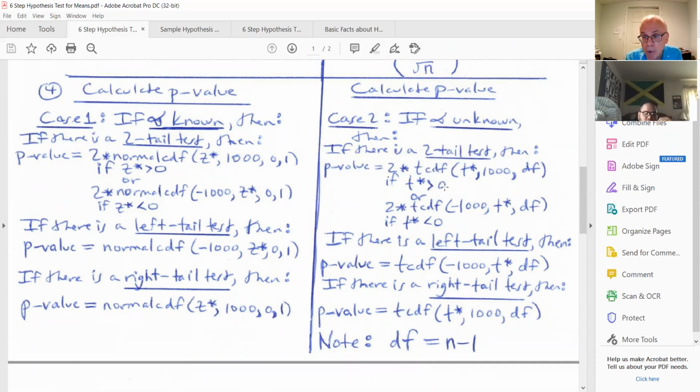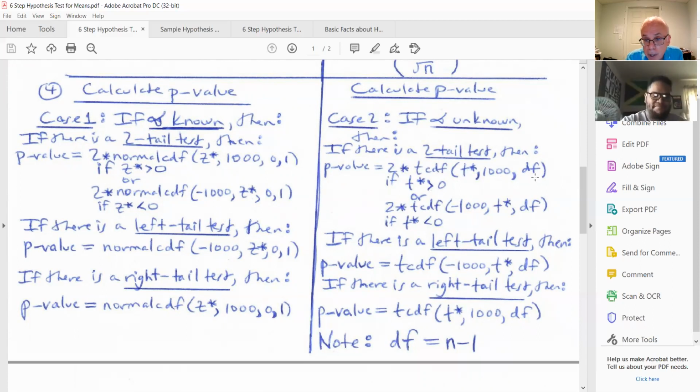And by the way, all of you, including those of you who have the 83 calculators, will have t-CDF on your calculator. Again, 2-tail test, you're going to do 2 times t-CDF, and if t star is greater than 0, if it's positive, it's going to be right tail that you're going to calculate here. So it's t star, comma 1,000.